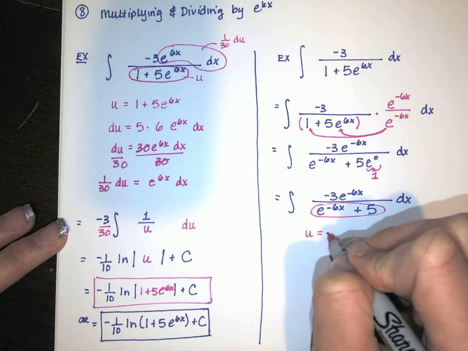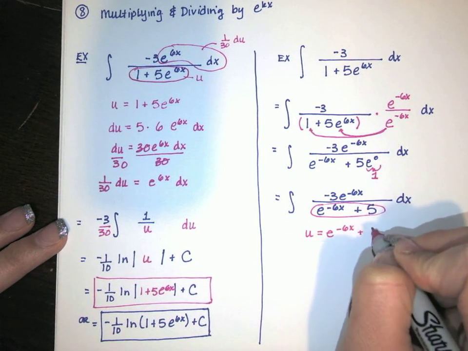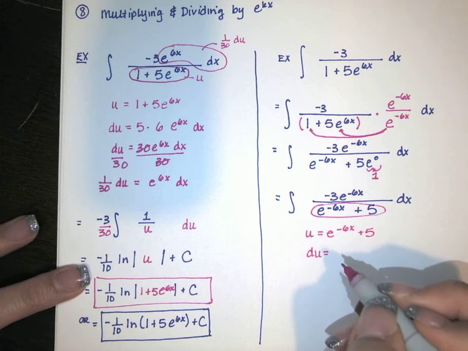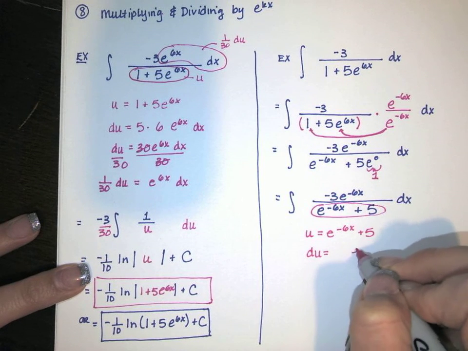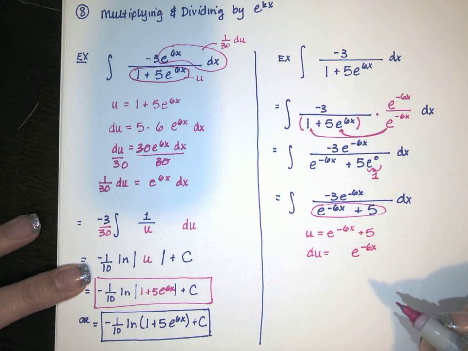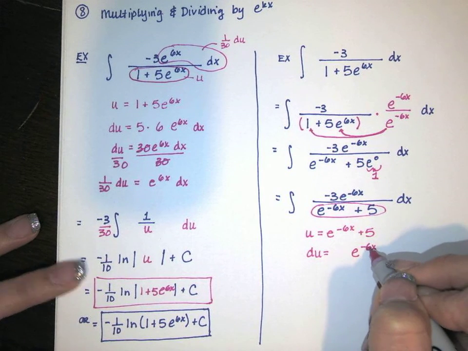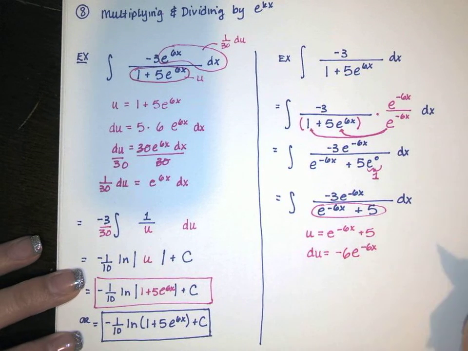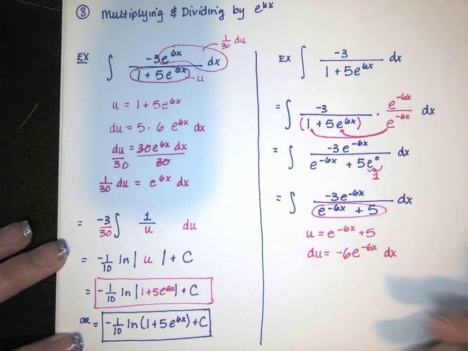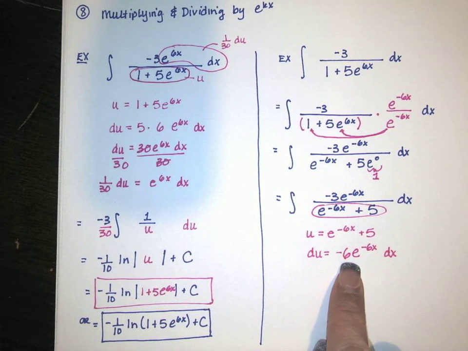So let u equal e to the negative 6x plus 5. Compute the derivative. Remember, the derivative of e to some power is e to that power times the derivative of the inside by the chain rule. And the derivative of negative 6x is negative 6. Multiply by dx. Now at this point, I have options.